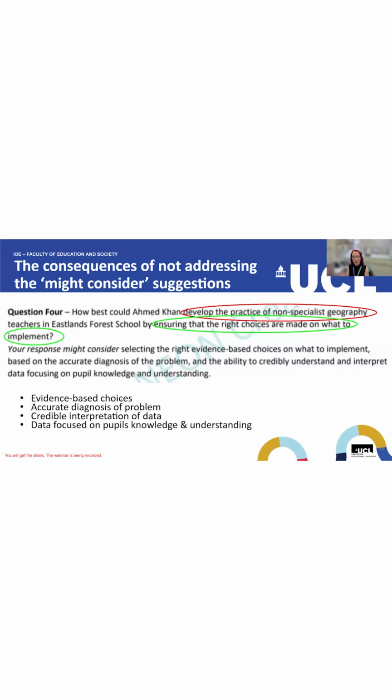So actually what this was about was looking at your data, that might be numerical or qualitative data, and thinking about what it was telling you about the most important thing that needed to change. That you diagnose that, and then you look at the evidence and look at what the evidence suggests you might change. And that was about data focused on pupil knowledge and understanding.